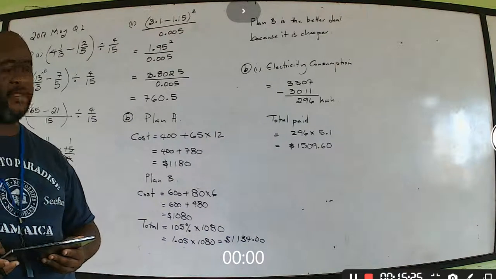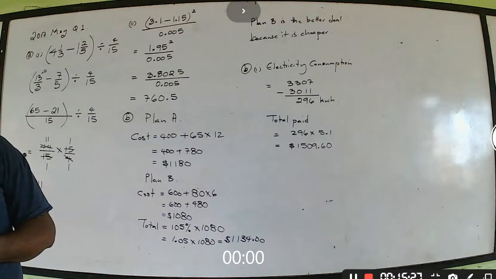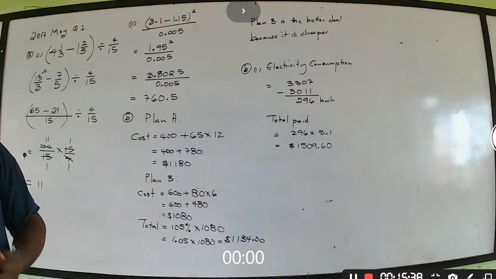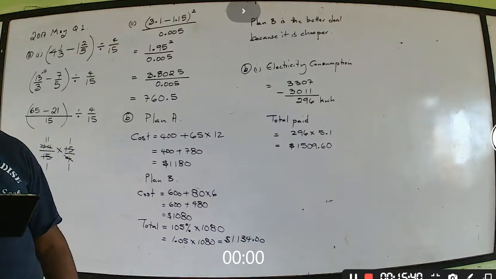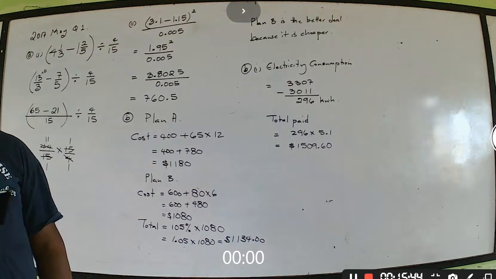For the next month, how much does he pay? For the next month, are you listening? John pays $2,351.10.